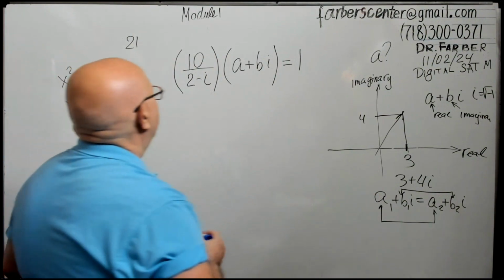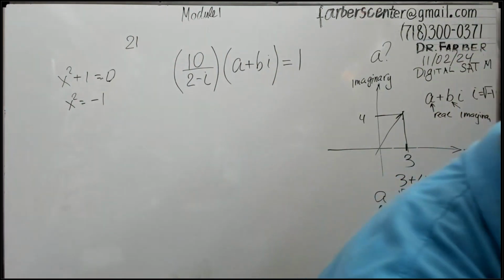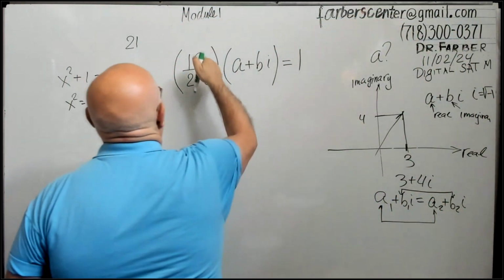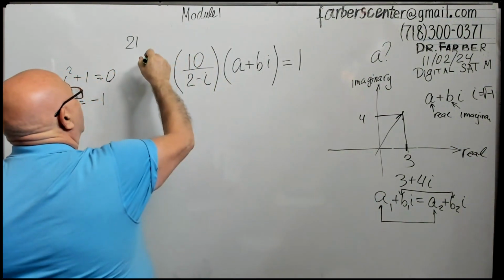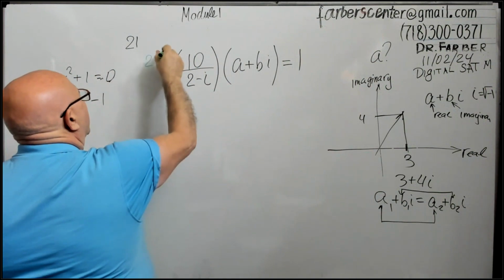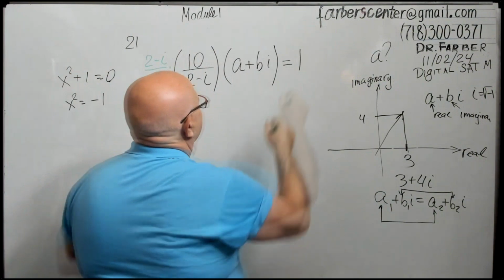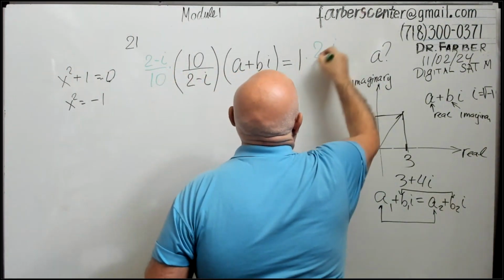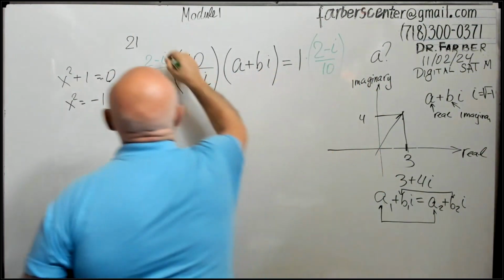So based on this idea, let's separate this. How to separate? I multiply reciprocally, I take a different color, upside down. For instance, with this one, I multiply the left part by 2 minus i over 10, and I multiply the right part by 2 minus i over 10, and put it in parentheses.